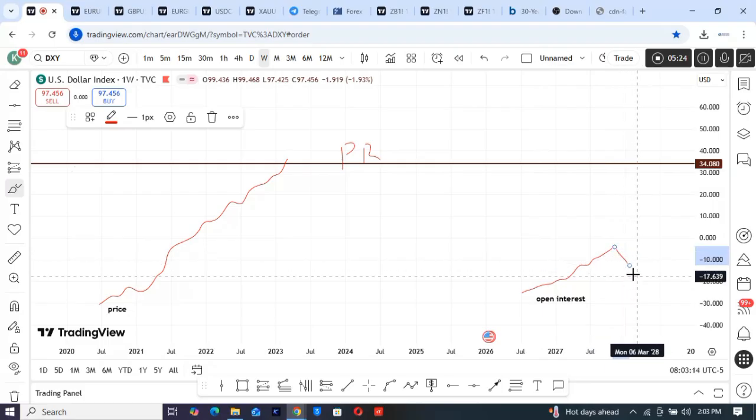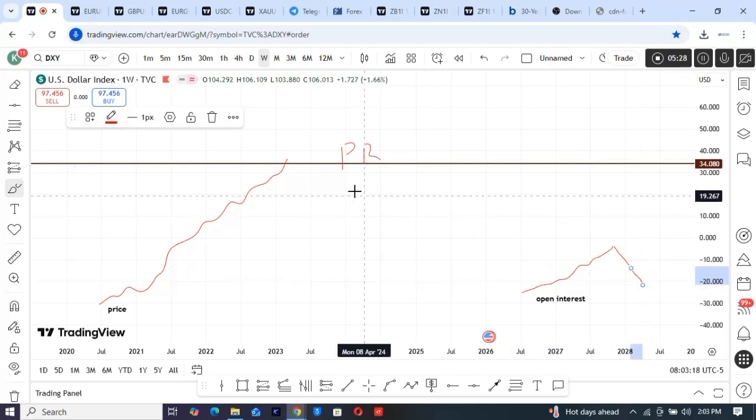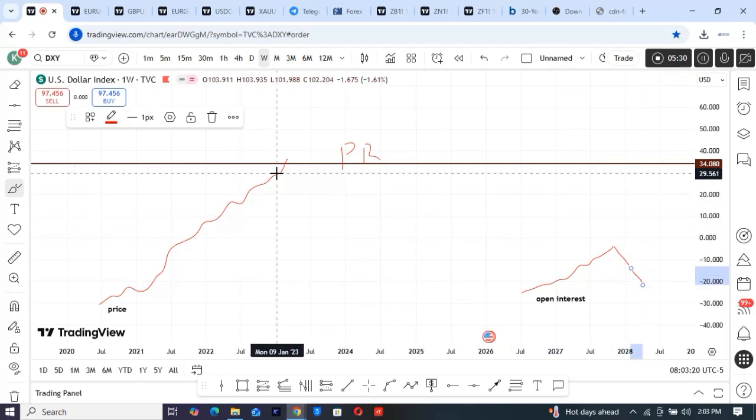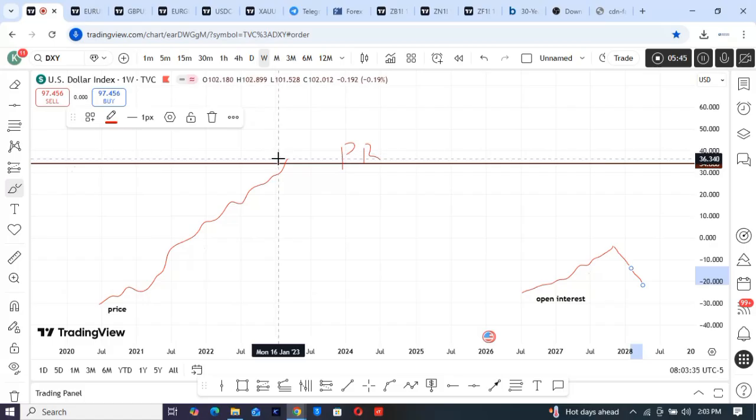This is indicative of a reversal in price. At this point, for every buyer there must be a seller. We see the commercials, the futures contracts, the big players with the buy. Then when they get to the premium level, there's now a lack of open interest on the buy side.